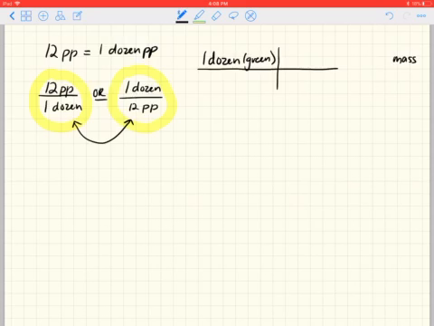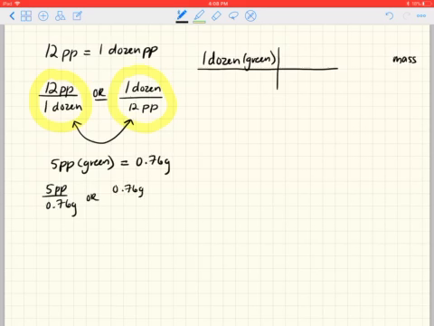And that one is basically that 5 packing peanuts, the green variety, has a mass of 0.76 grams. So I can express that in 2 ways, 5 packing peanuts over 0.76 grams, or I can reverse it and have 0.76 grams on the top and 5 packing peanuts on the bottom.